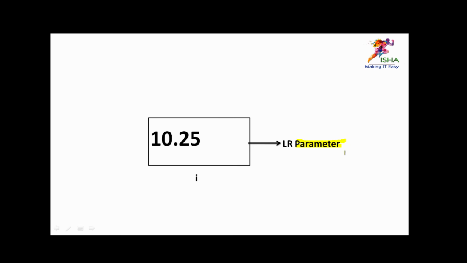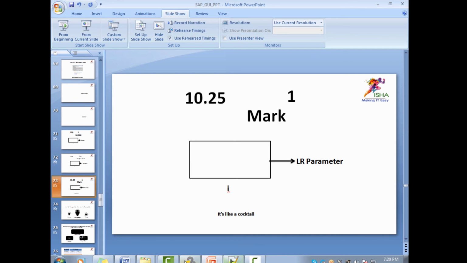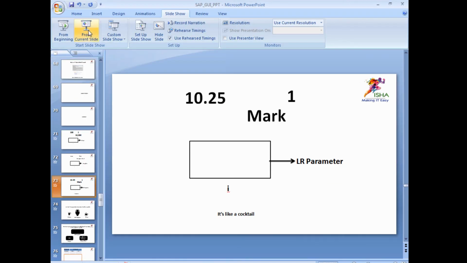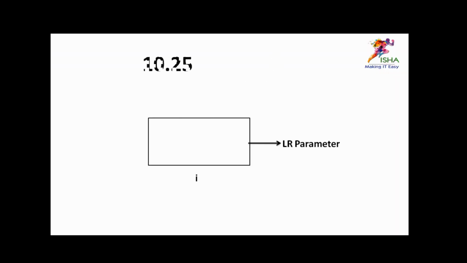In fact, when we did the parameterization, which we have already seen, you see clearly here, nowhere does it say LR parameter, it just says parameters. So this is basically an LR parameter. There are other ways wherein you have the reference for these LR parameters, and they just call it parameters. Okay, so coming back to the slides, it has the capability to store any type of data which we have seen.